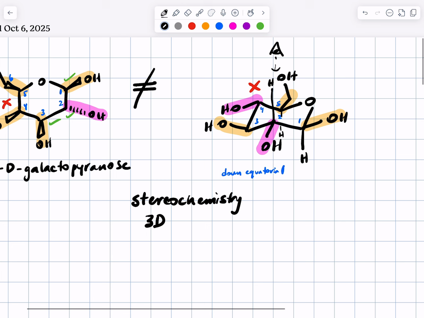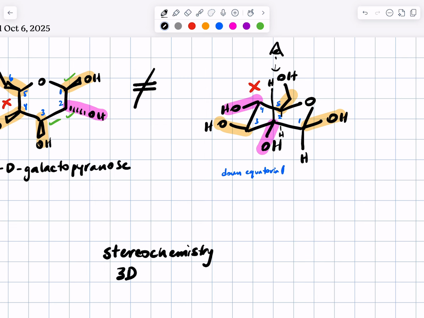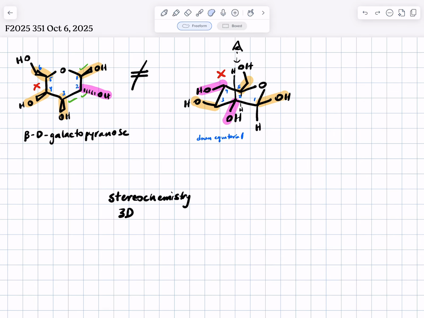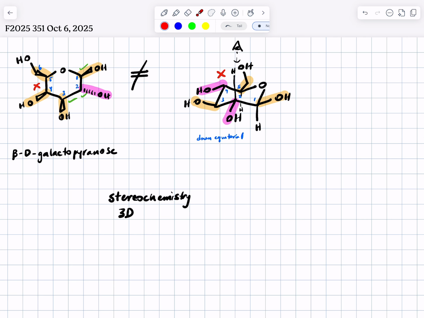So, what we've drawn here, it turns out, is not even the same molecule. It's what's called a stereoisomer because the connectivity is the same, but the 3D shape of the molecule is different. When I say the connectivity is the same, I mean this oxygen is still attached to 2 carbons.